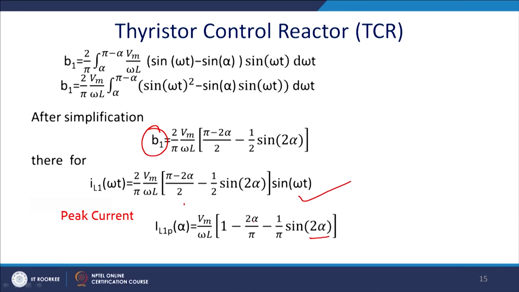So, it is 1 by pi, and there will be a minus sign that will make it plus, and ultimately pi and pi will cancel out, and essentially you will get the value to be 0. So, this is the value of the peak current, and accordingly this value will change for different values of alpha. This is the expression of the peak current in case of the thyristor controlled reactor.